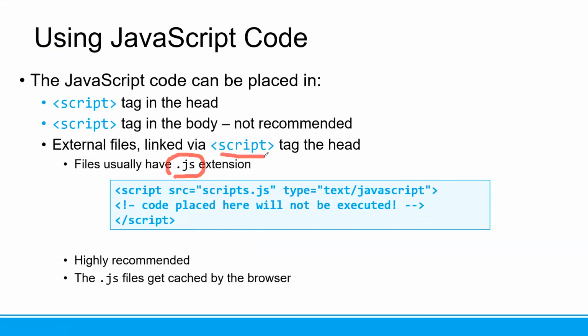It will be linked via the script tag. So for example, this one script, and then I'm going to use the src. Src means the source, and I'm going to call the JavaScript file. And the type is text/javascript, and it should be ended with the /script.